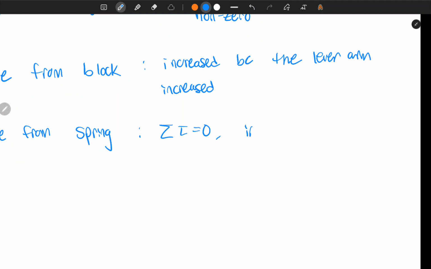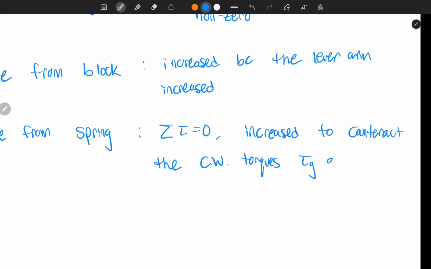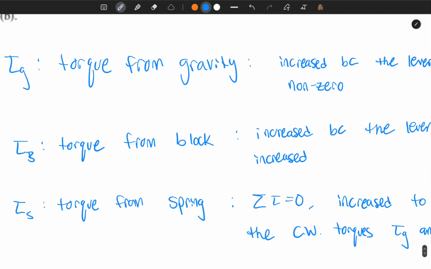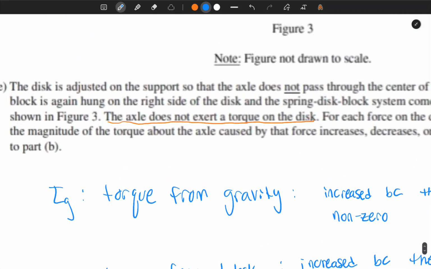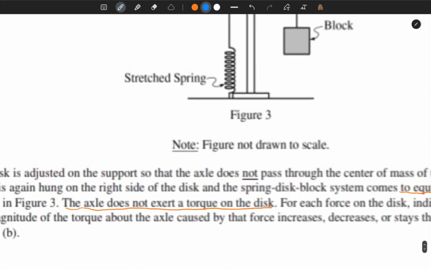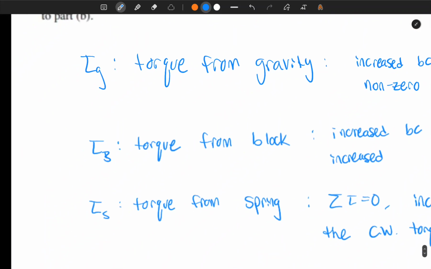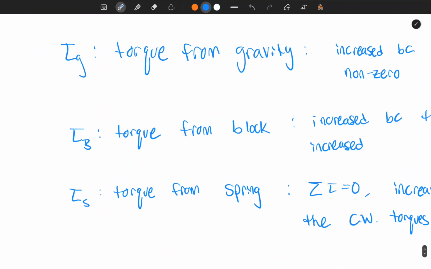So this has increased to counteract the clockwise, CW, torques from tau G and tau B. So we have all three of these torques increased from their values before. And we note we don't have a fourth torque from the axle on the disc because that's what the problem states. So these are the three torques.